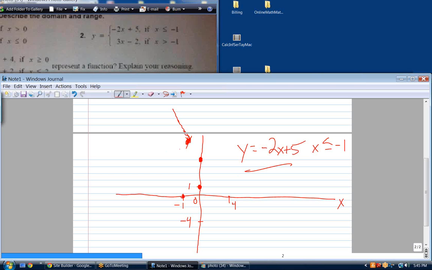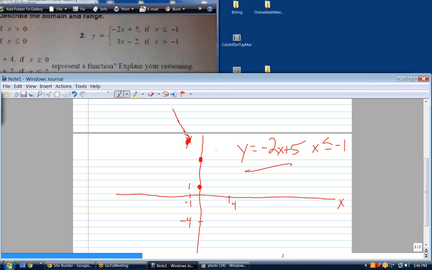It's only equal to that line when x is less than or equal to -1. Let me redo my axis here a little bit. I don't really have it in the right spot. I don't need to label 0, you know where 0 is. Let's label this point right here -1 on the x-axis.